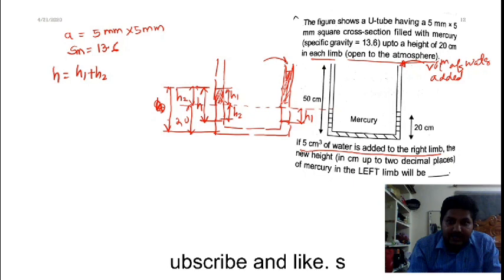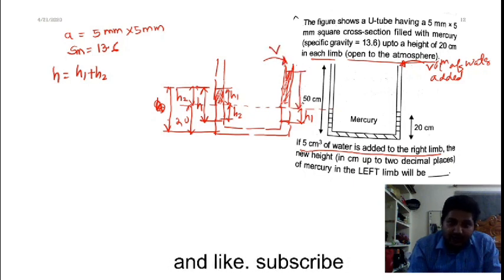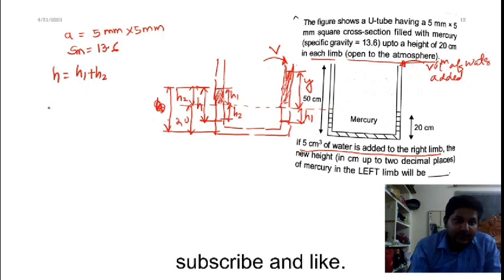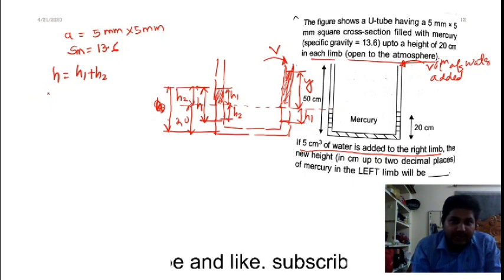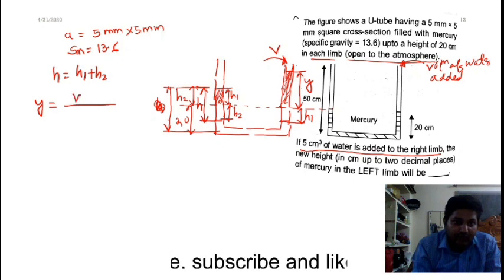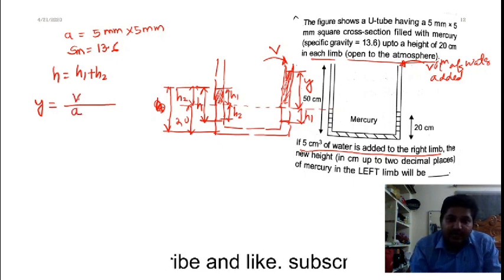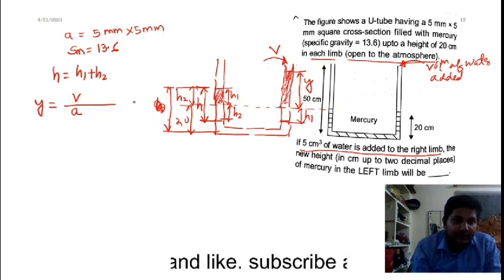So what is the height of the water here? We have to find out the height of the water. Suppose this is Y. So we can find out the height of the water column in the right lane. The height of the water column in the right lane will be equal to the volume of the water added divided by the cross section area of the right lane. Okay, this is equation 1 I am taking.